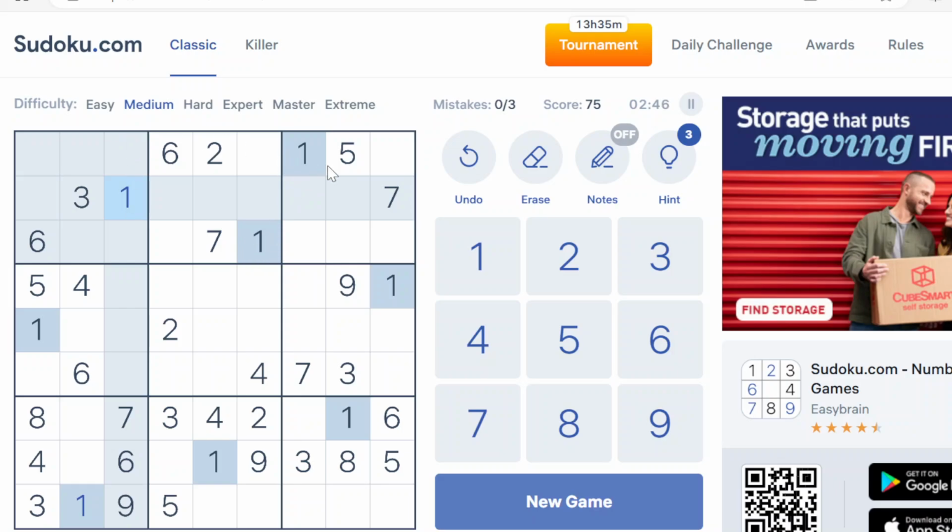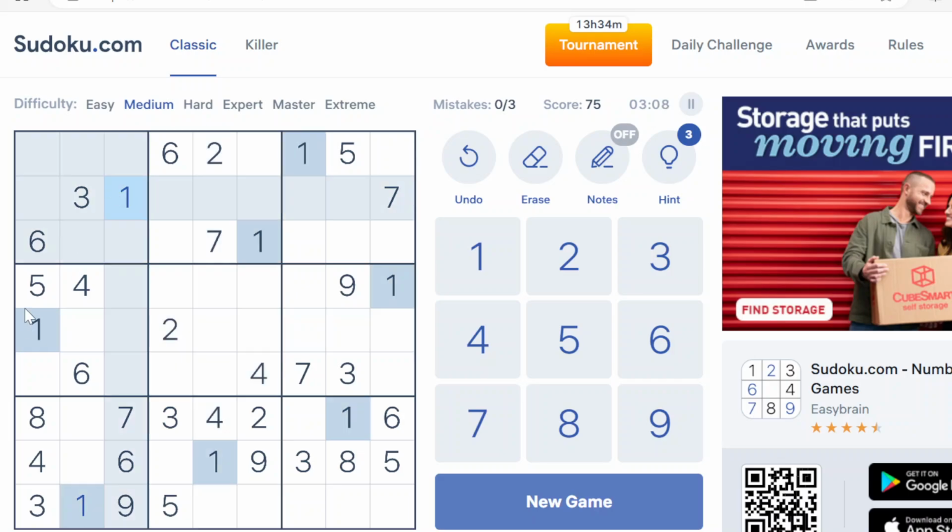This row already has 1. So it has to be somewhere in this row. And it has to appear exactly once in each box. And it can't appear here because this column already has 1, and it can't appear here because 3 is already here. So it has to appear here.